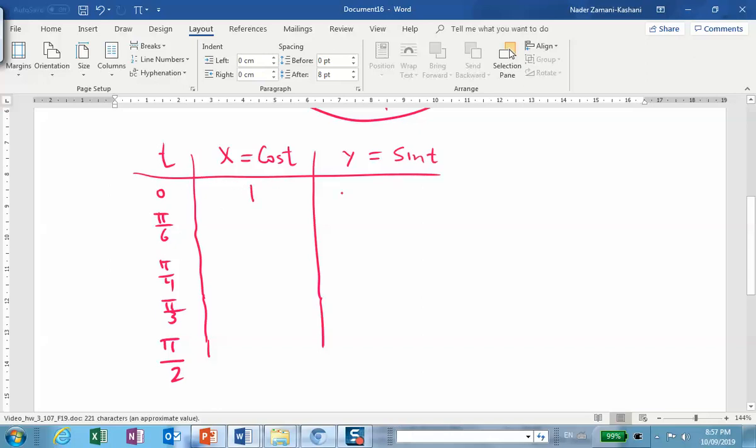When t is pi over 6, this is root 3 over 2, y is 1/2. Then root 2 over 2, root 2 over 2, then 1/2, root 3 over 2, and here pi over 2, x is 0, cosine of pi over 2 is 0, and y is 1.